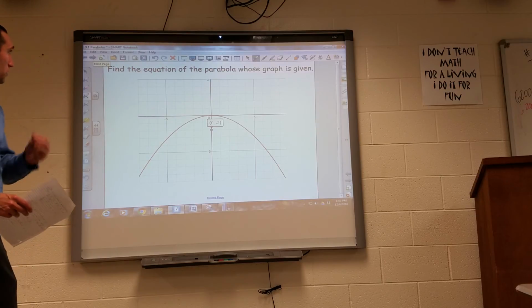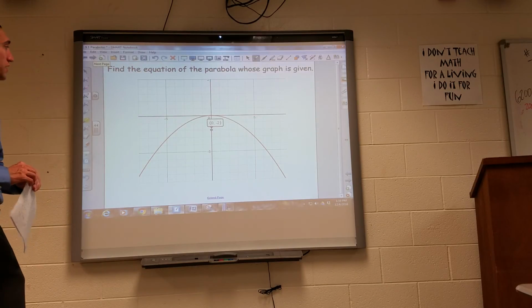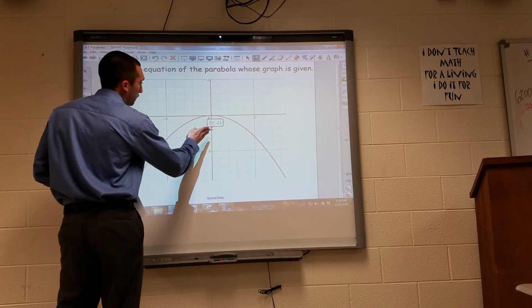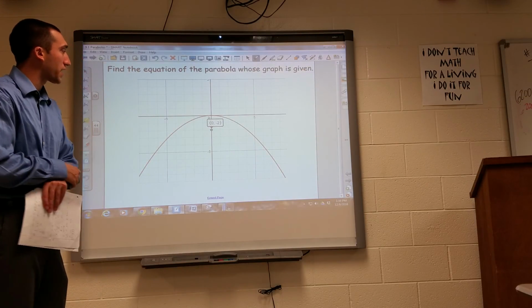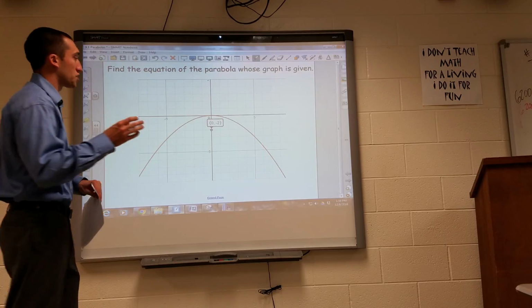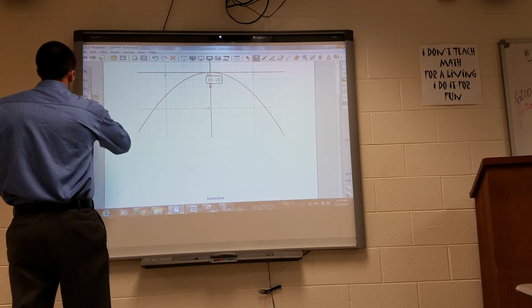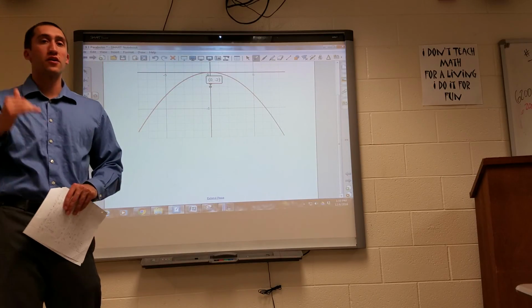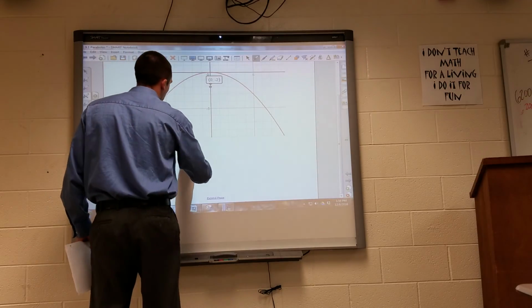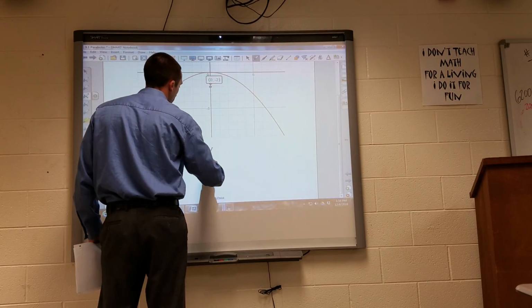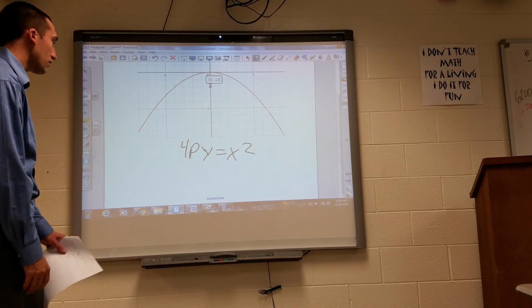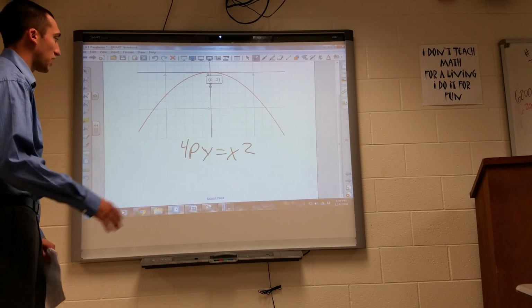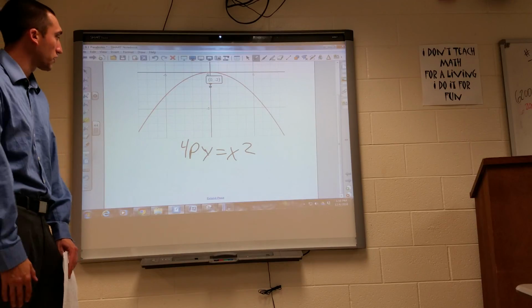Finally, find the equation of the parabola whose graph is given here. Okay, so here we can see the focus, right? That's our focus there at the point 0, -2. So this one should be pretty easy to solve as well. Since this one is vertical, our generic form is 4py equals x squared. Doesn't matter which order you write them in. Either form is going to work, right?